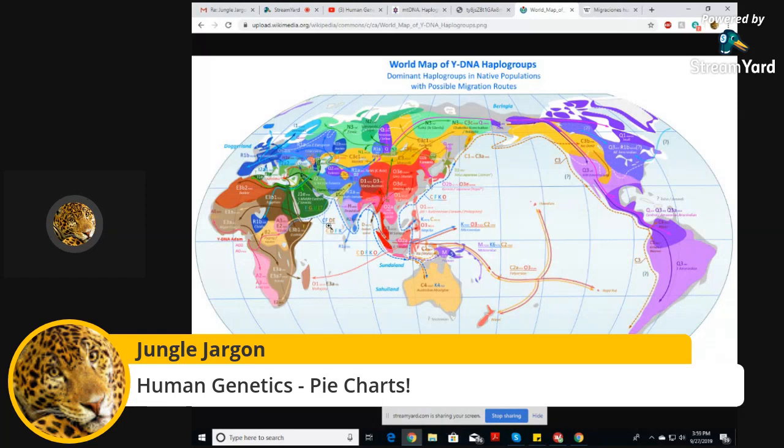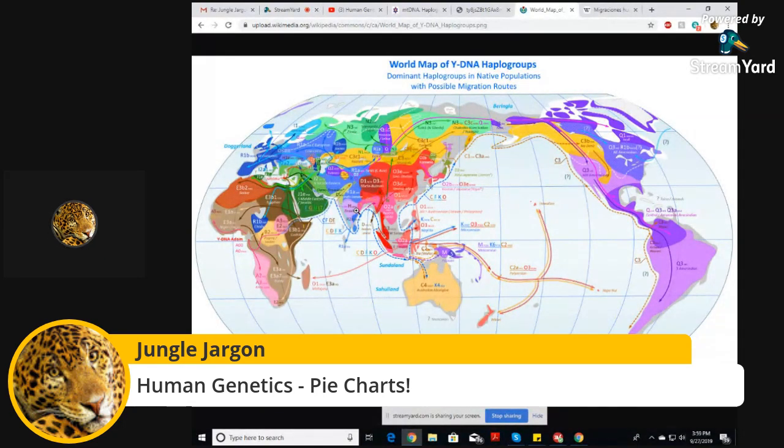So see, the thing is that C is closely linked to the A, B, and E. So how did C get over here? Why is C over here and not here? Because it went this way instead of this way. So not all the sons of Ham went the same direction. Some of them went this way.